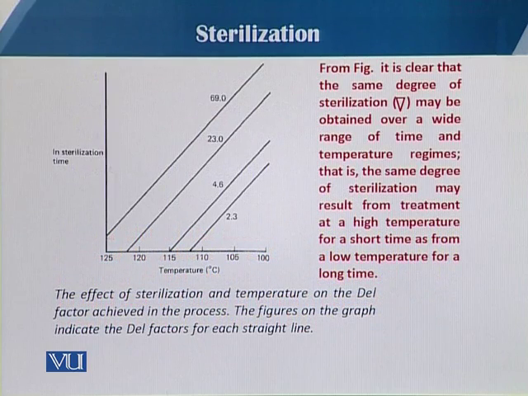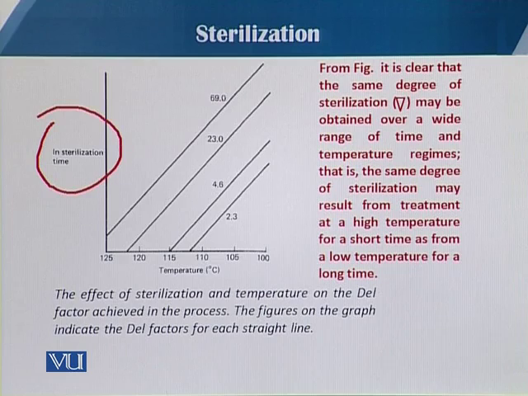When we draw the graph between the natural log of time and the absolute temperature, we can see from this figure the degree of sterilization, which we call the Del factor, obtained over a wide range of time.